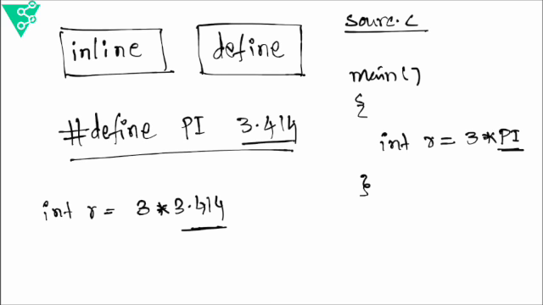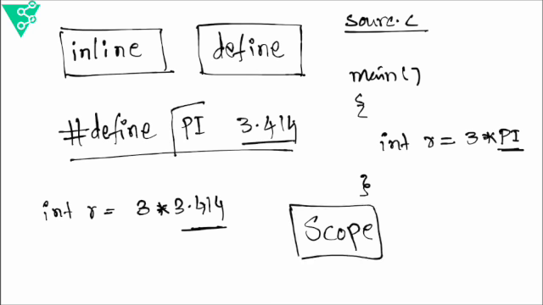So hash define, the one that you see here, is usually declared at the top of the source file, either in a header file or source file. Well, now what is the scope of it? You tell me, what is the scope of this hash define macro? The hash define macro pi is accessed across your file.